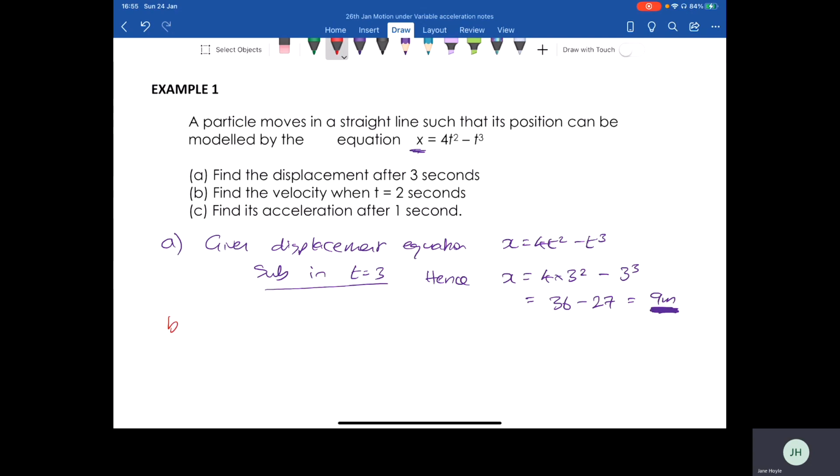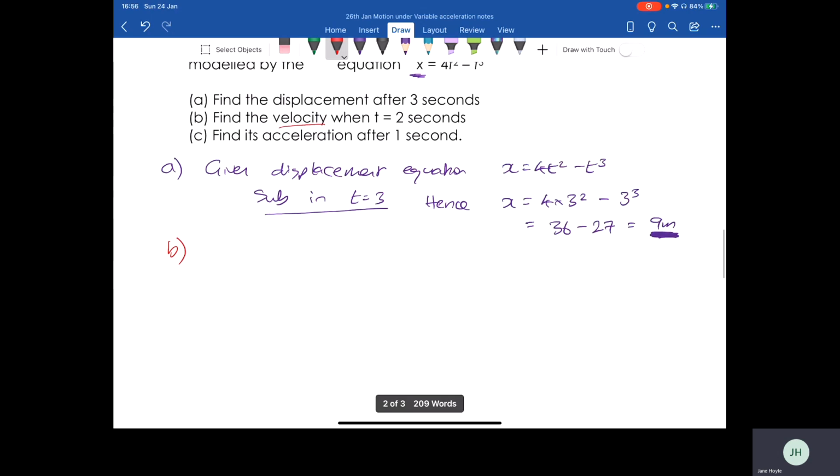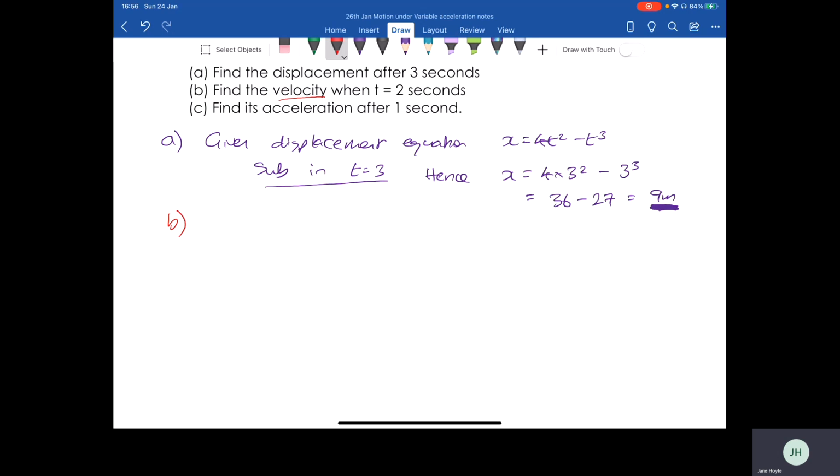Right, on to B. We need to do a bit more work here because we're asked for a velocity. Now our equation that we're given is a displacement equation. So what we need to do is get from displacement to velocity.